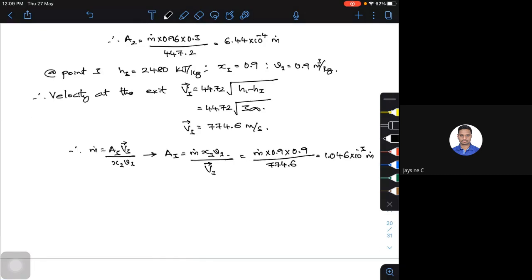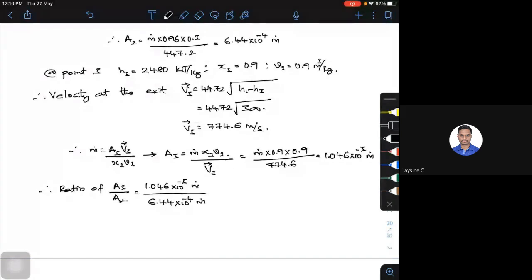Therefore, the ratio of A3 by A2. What is my A3? It is 1.046 into 10 to the power of minus 3 m dot. And A2 is 6.44 into 10 to the power of minus 4 m dot.